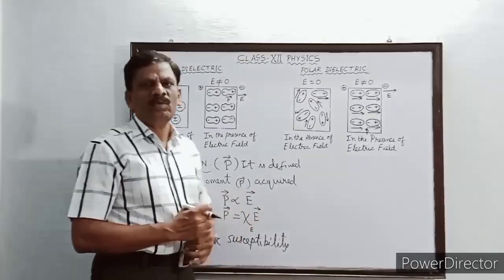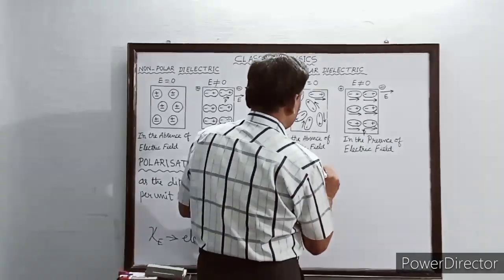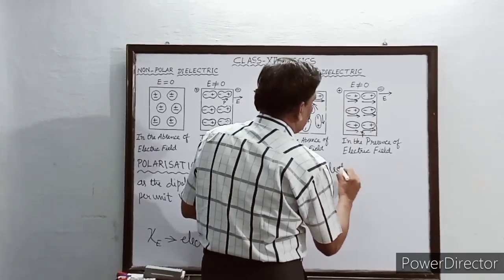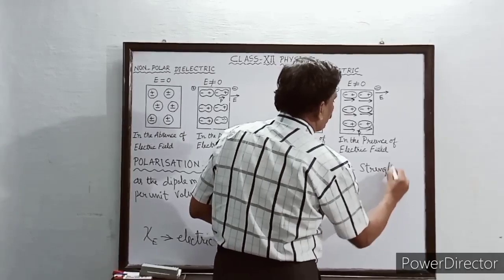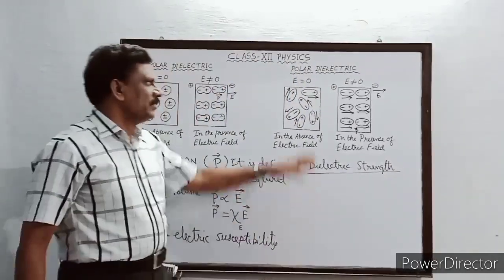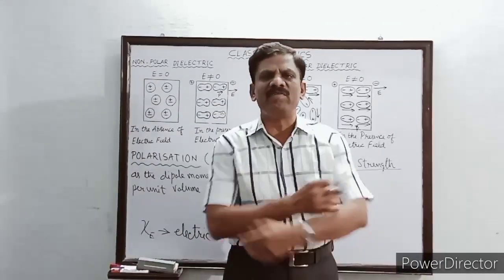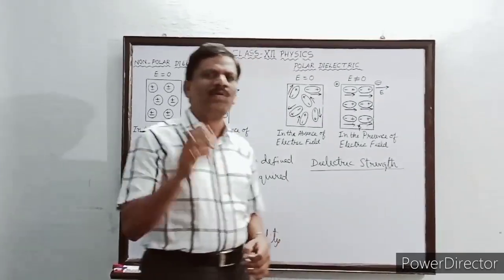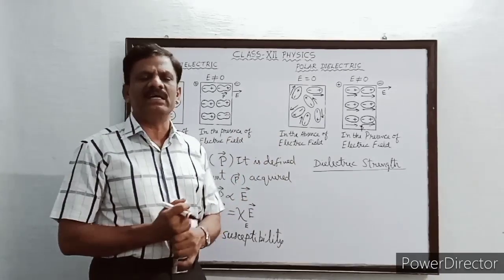Now lastly, one more definition we are going to explain, that is called dielectric strength. In the previous examples, we placed the dielectric inside a uniform electric field, and we found that the dipole moment acquired per unit volume depends on the strength of the electric field.